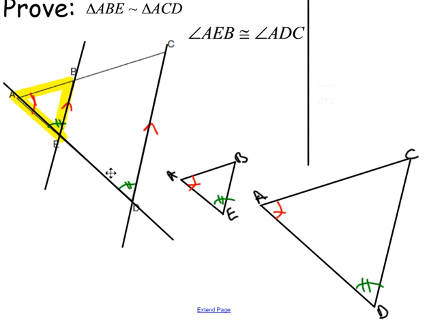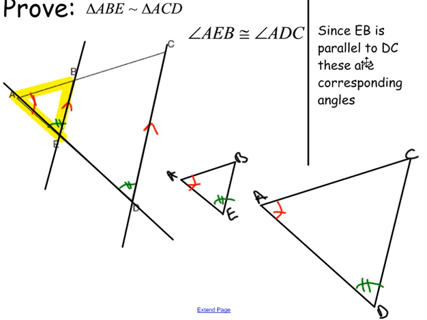These are corresponding angles. So I could say this angle is congruent to that one because they're corresponding. So my reason is, since EB is parallel to DC, these are corresponding angles. And then finally, I could say that the triangles are similar by the AA theorem.